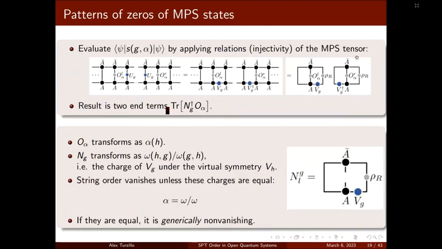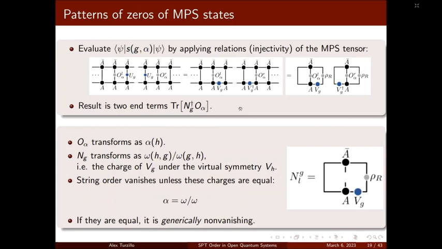How this works for matrix product states is that we sandwich the string in between the MPS bra and ket, apply some manipulations to these diagrams, and the result is that the string operator evaluates to just the trace of this thing, N_G, written here, and the end operator of the string.